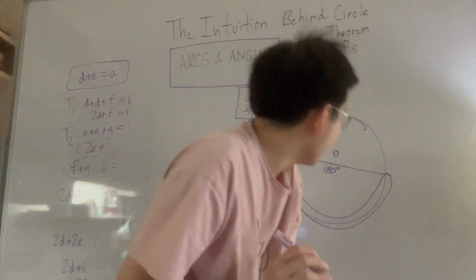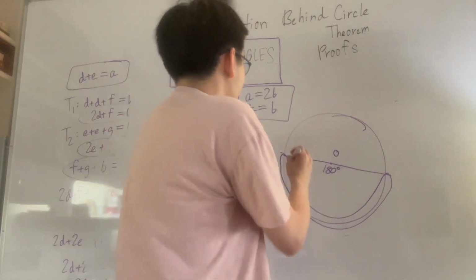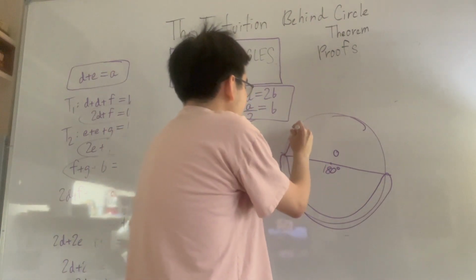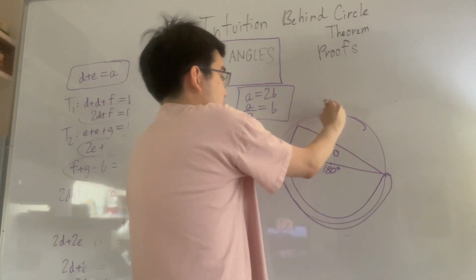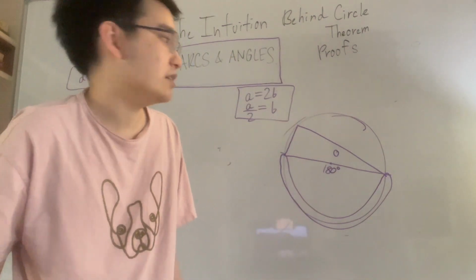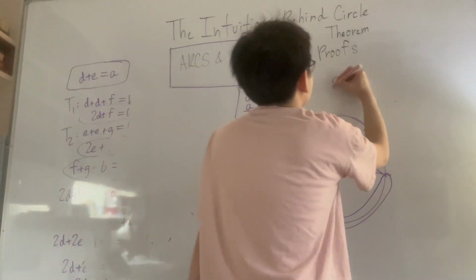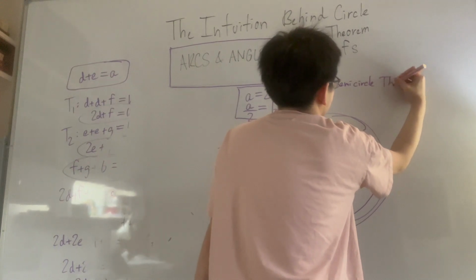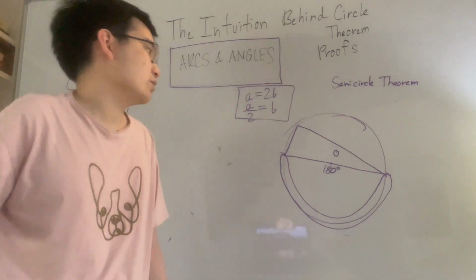You can check it again with your protractor itself, but if that's the case, if I were to draw some angle anywhere along the edge of the circle, that's going to have to be half of 180. So this is a special case, the semicircle theorem, a special case of theorem 2 that we dealt with.